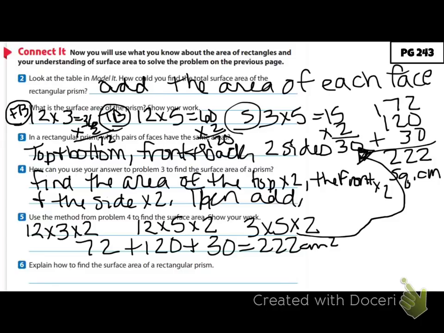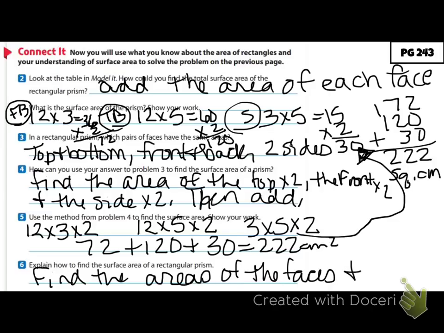Number 6, explain how to find the surface area of a rectangular prism. Once again, find the areas of the faces and add.